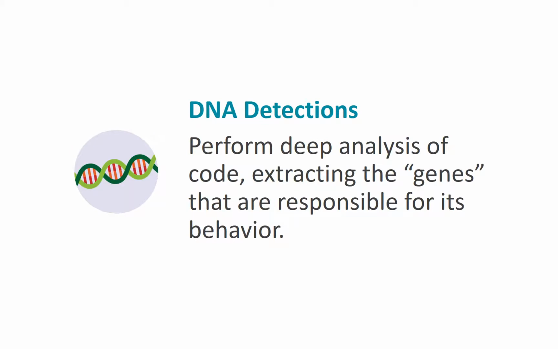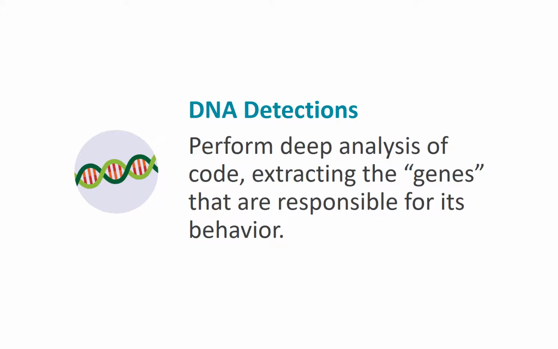Pattern matching can be bypassed easily by simple modifications of the code or use of obfuscation techniques. However, the behavior of objects cannot be changed so easily. ESET's DNA detections are precisely designed to take advantage of this principle. We perform deep analysis of code, extracting the genes that are responsible for its behavior.